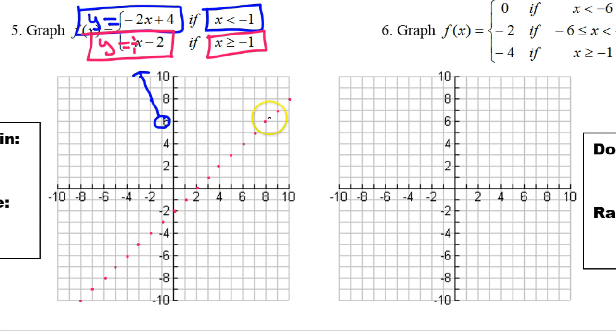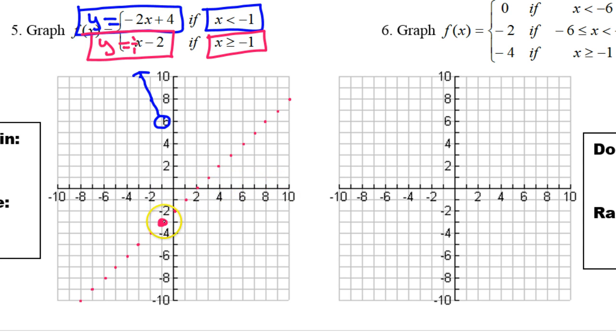So pick which one of these dots is at negative 1, x value of negative 1. So this dot right here has an x value of negative 1. It's 1 to the left. This one will be a closed circle because of the or equal to shows that this point is to be included. Now, the x values that are greater than negative 1 would be the ones to the right.